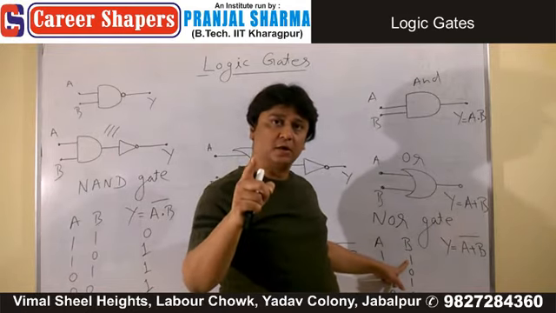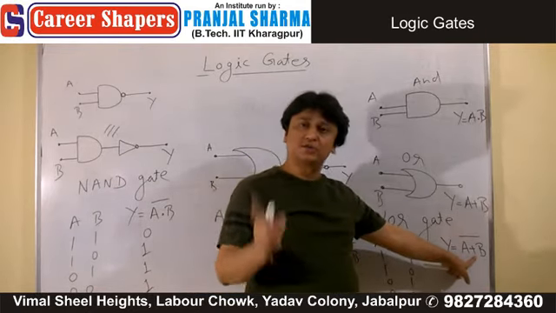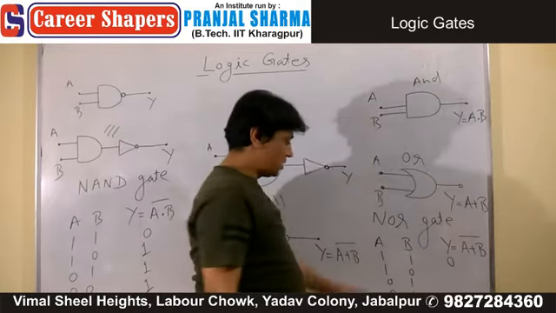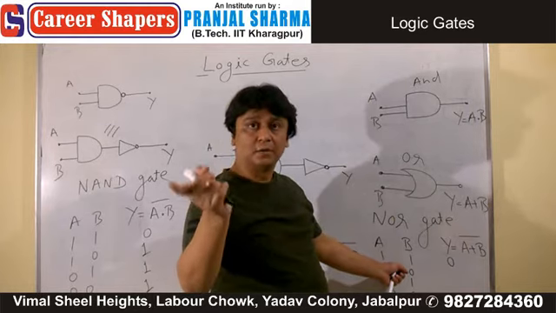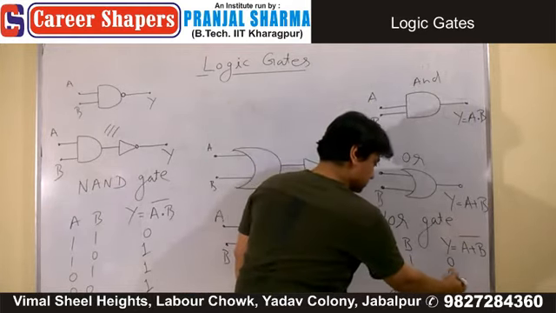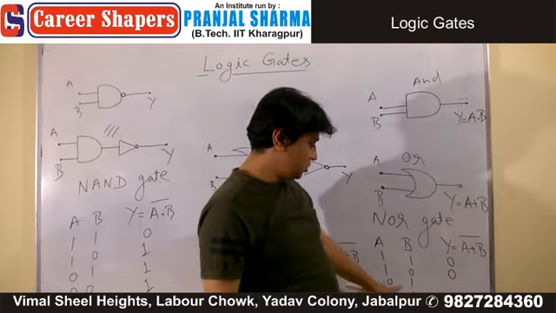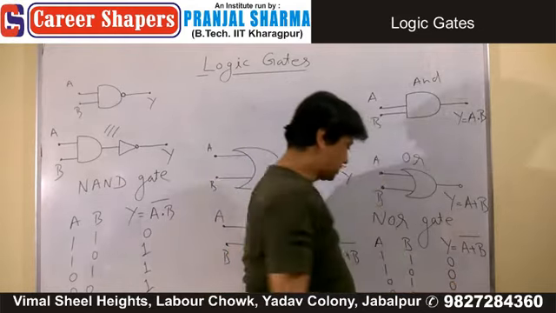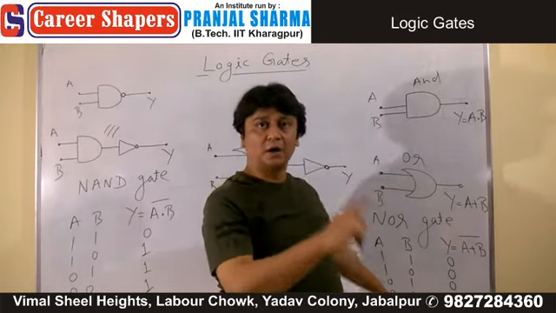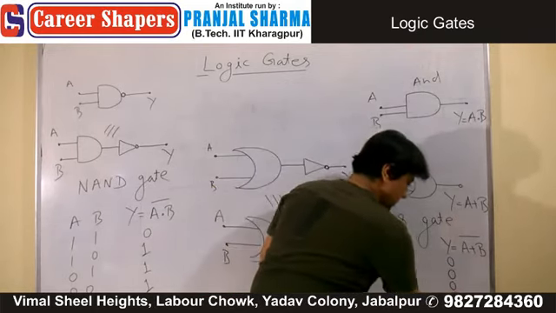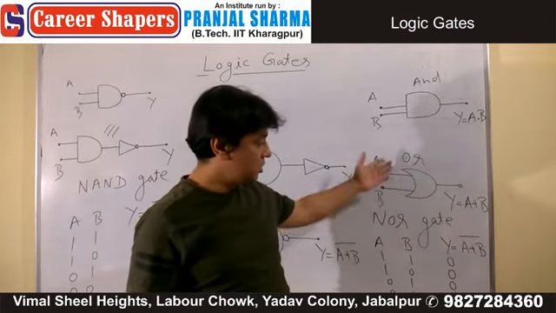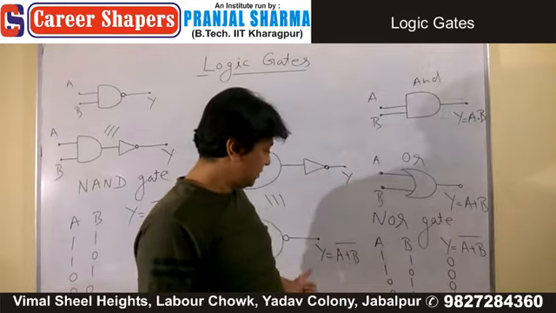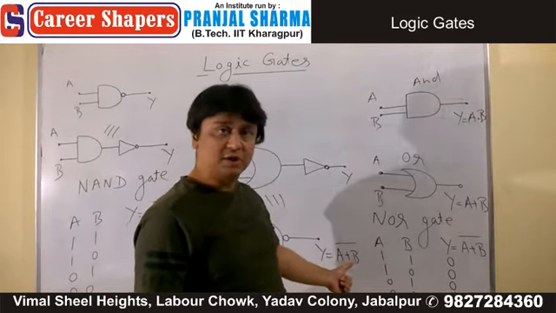No, it is 1. 1 plus 1 is 1. 1 bar is what? 0. What is 1 plus 0? 1 bar, 0. What is 0 plus 1? 1 bar, 0. What is 0 plus 0? 0 bar, 1. Done. This is the truth table of a NOR gate given by Y equals A plus B bar.